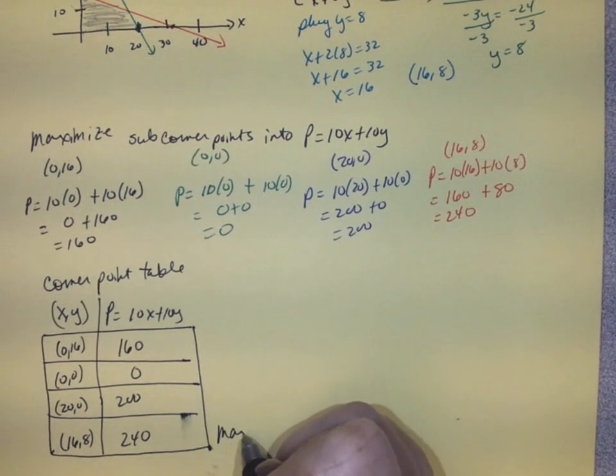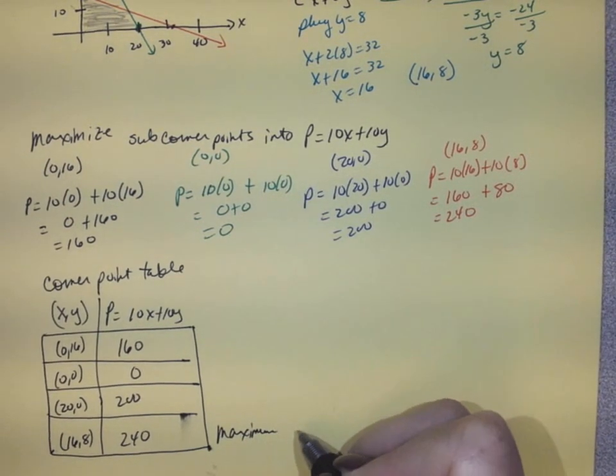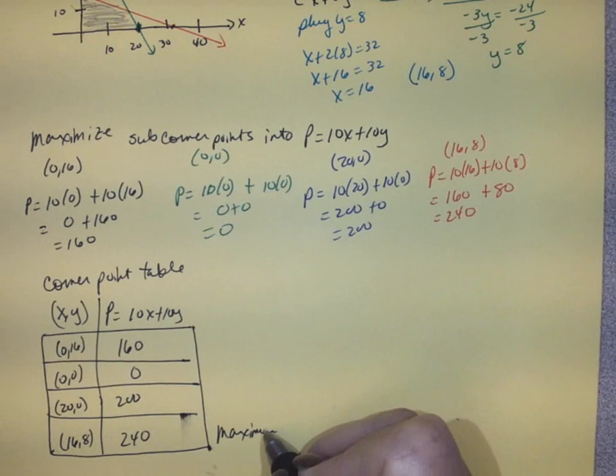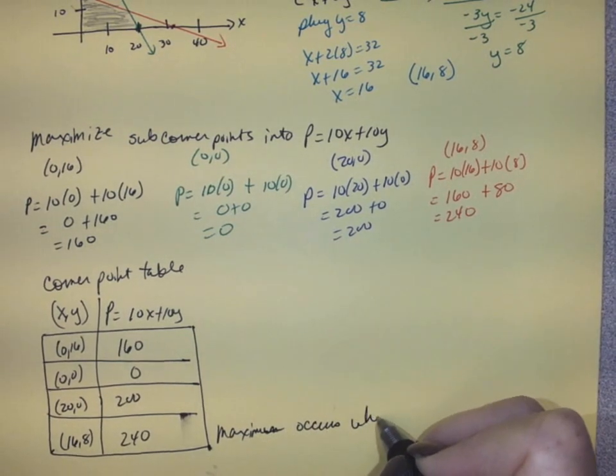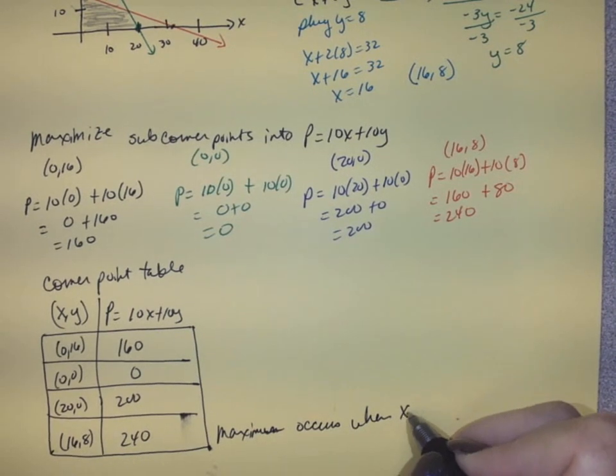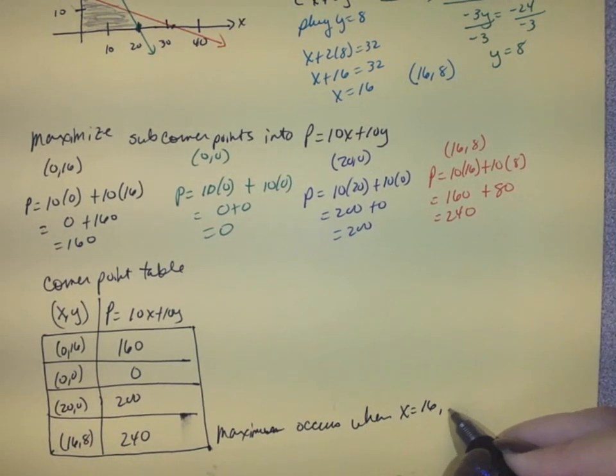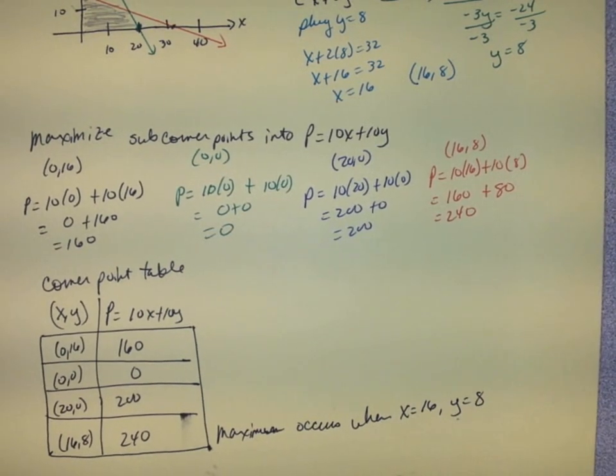So that means the maximum occurs when x equals 16 and y equals 8. So that's how and what that means as far as the maximized part.